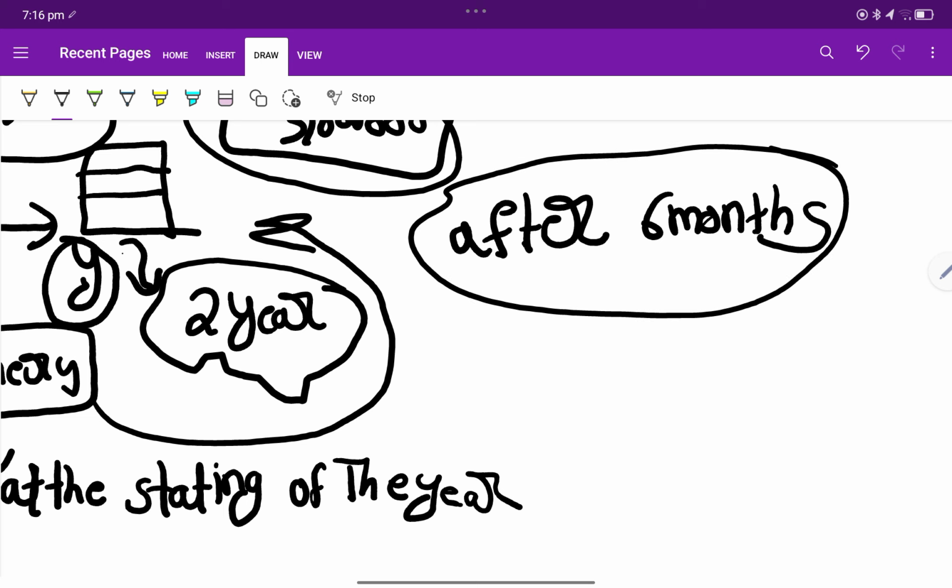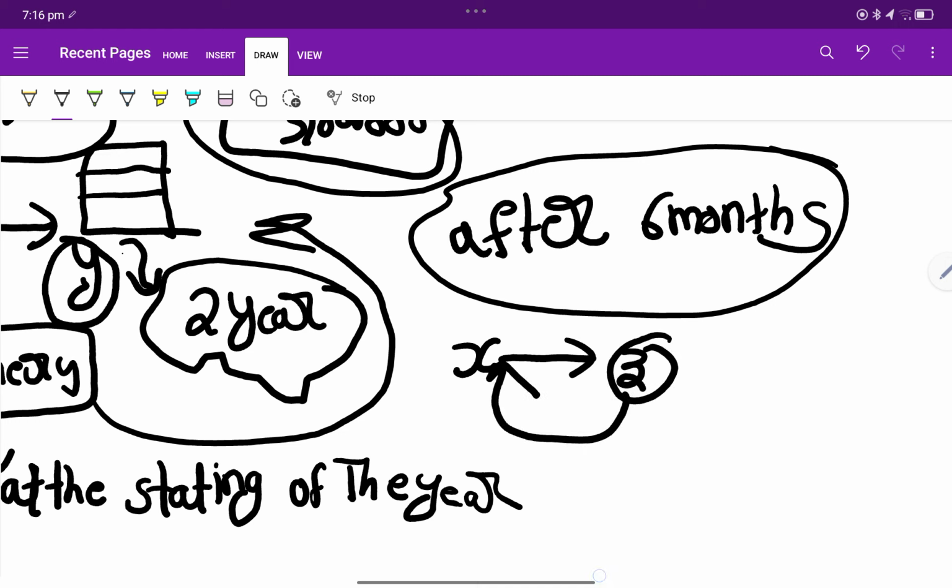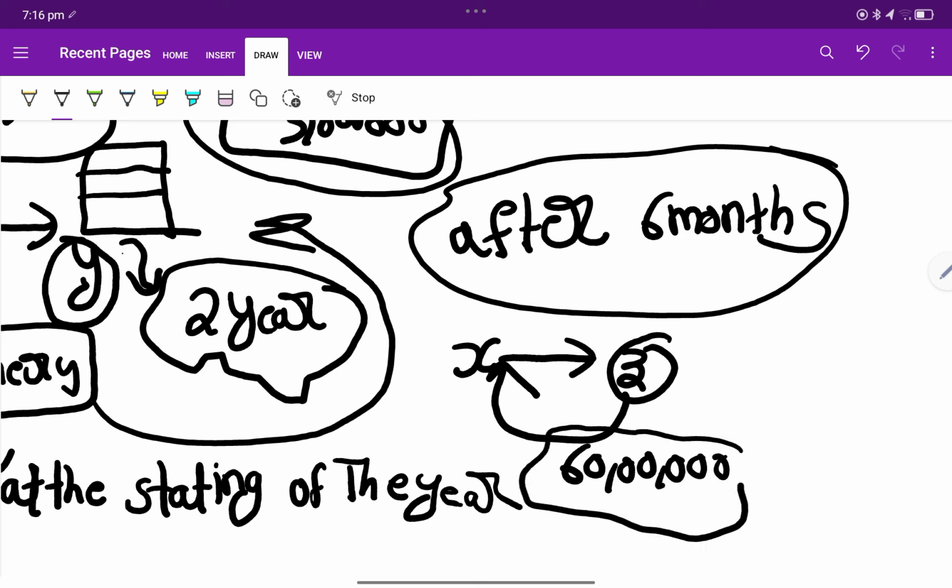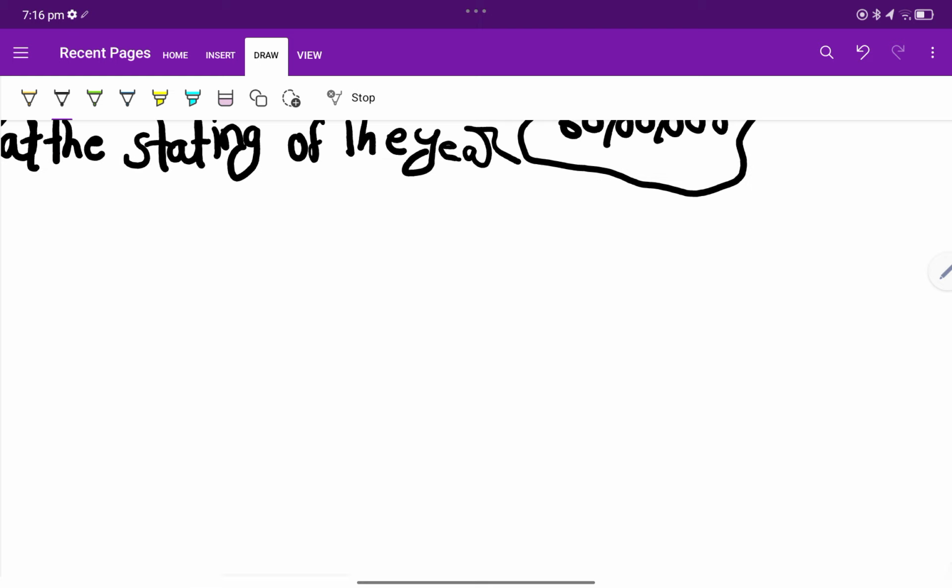So X gave that machine to Z and received some 60 lakh rupees for using that machine. Whether this 60 lakhs should be reduced from the depreciation of the plant and machinery or not? Say yes or no. Many students are saying yes. The answer is no. Why? I said the plant and machinery is idle for 6 months.